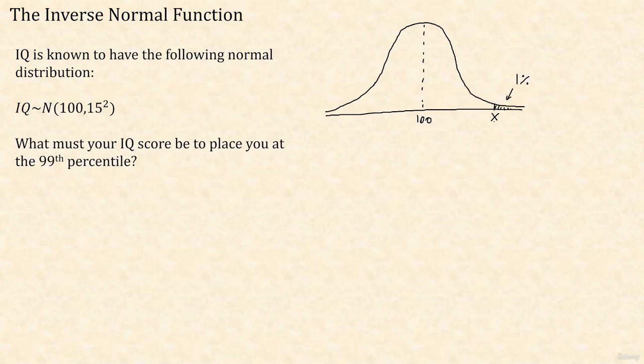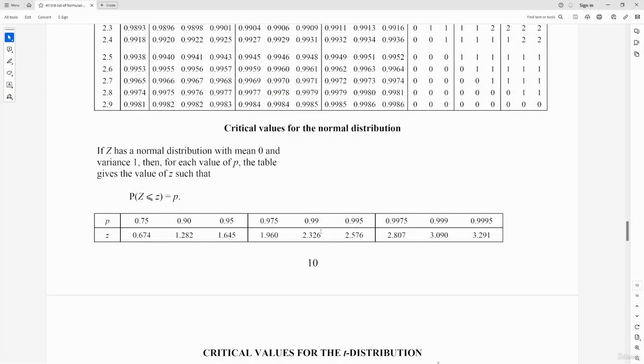Now again, we could do this with a calculator, but this is a great one to look up in the table, because if it's the top 1%, it's 99% of the way through the data. It's the 99th percentile, of course. So let's jump to the tables and find it. So in the tables here, you can see 0.99, so 99% of the way through the data, and the Z value is 2.326.